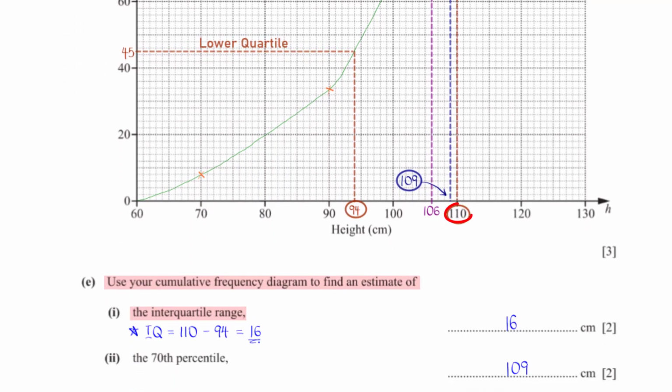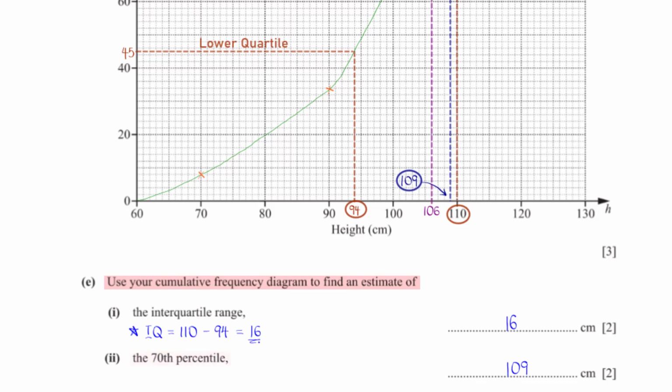This gives us 110. For the lower quartile, we map 1/4 of 180, which is 45, on the cumulative frequency diagram. This gives us 94. So now, the interquartile range is 110 minus 94, which is equal to 16.